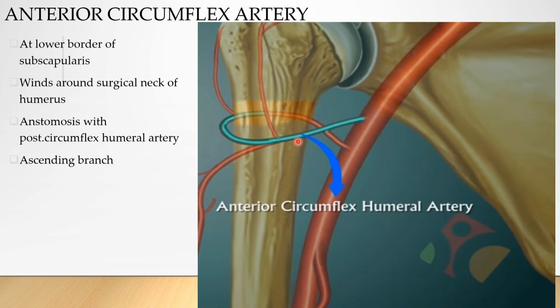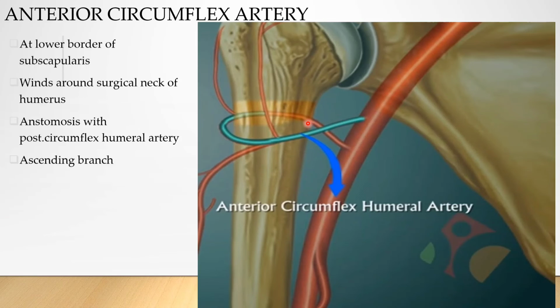The surgeon will be very careful about this anastomosis, because with any bone fracture or anything that happens to the bone, the first and foremost artery affected is the anterior and posterior circumflex artery. So it is the most important artery and we should be very careful during surgeries. And it also gives ascending branches.